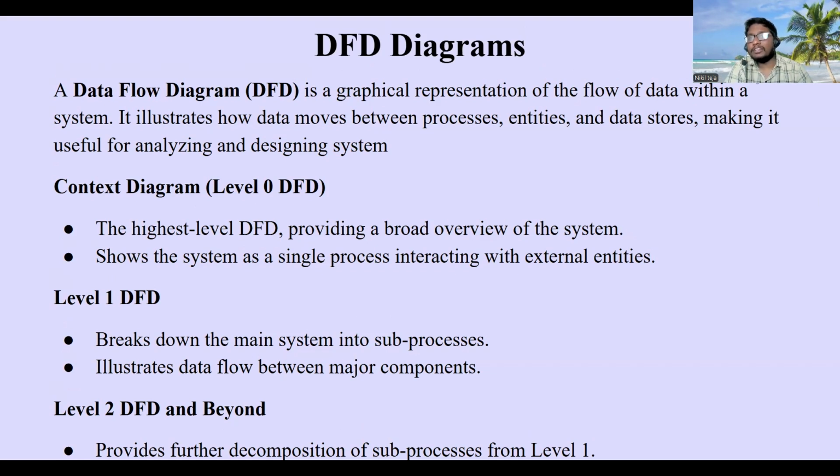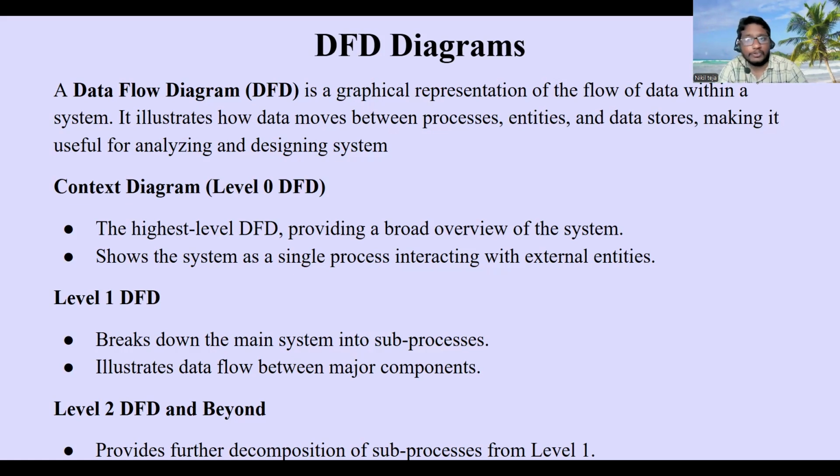Basically, a data flow diagram is somewhat similar to an activity diagram or use case diagram, but it has some more attributes. It is an in-detail breakdown of data. There are different types of DFD diagrams. One is the context diagram, the second one is level one DFD, and the third one is level two DFD.